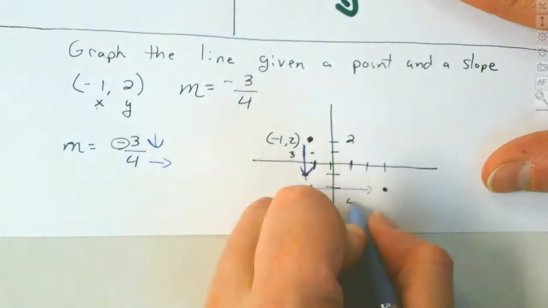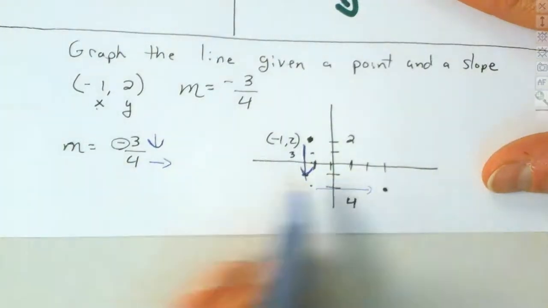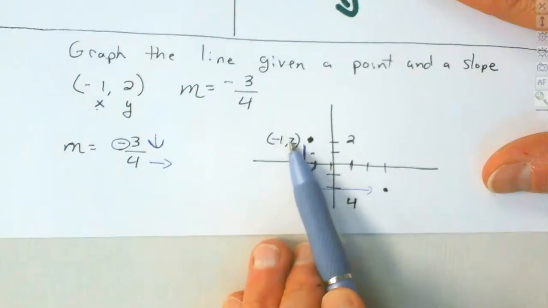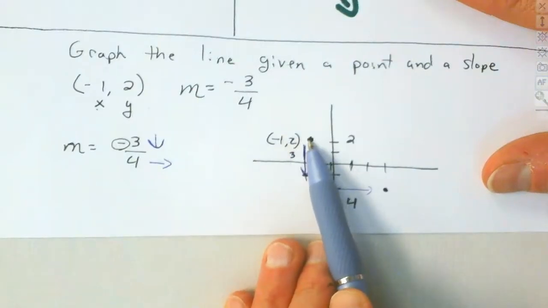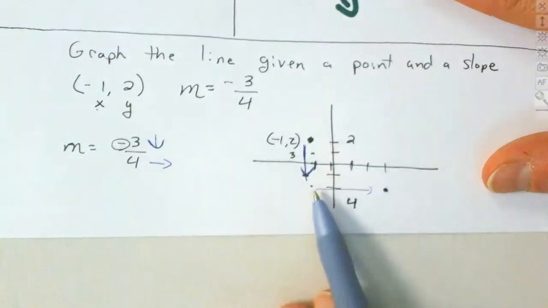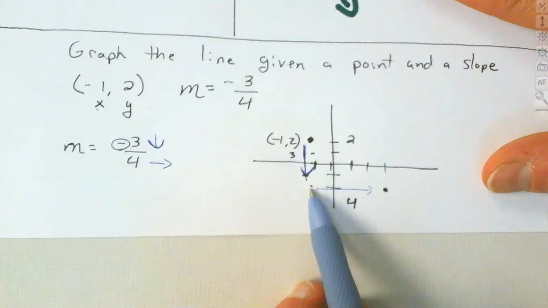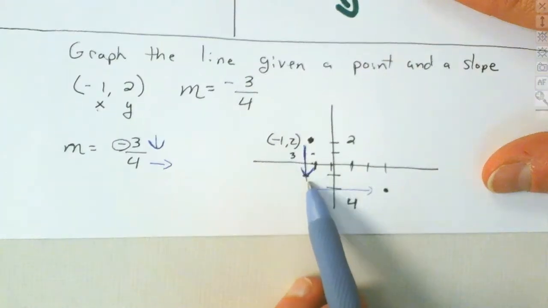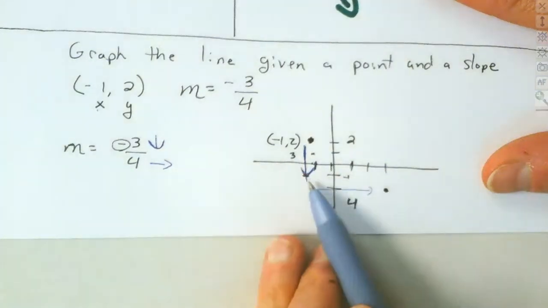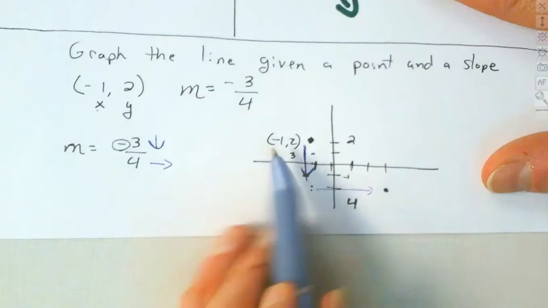What would my new ordered pair look like? Let's try to make sure we get it correct here. Okay, so we're at -1, +2, which is here. Now, what did we do? We went how many units down? 3. So that means this is down here at what? Yep, a -1, isn't it? I know my graph's off a bit. But here's -1, and then we went what? Over 4.